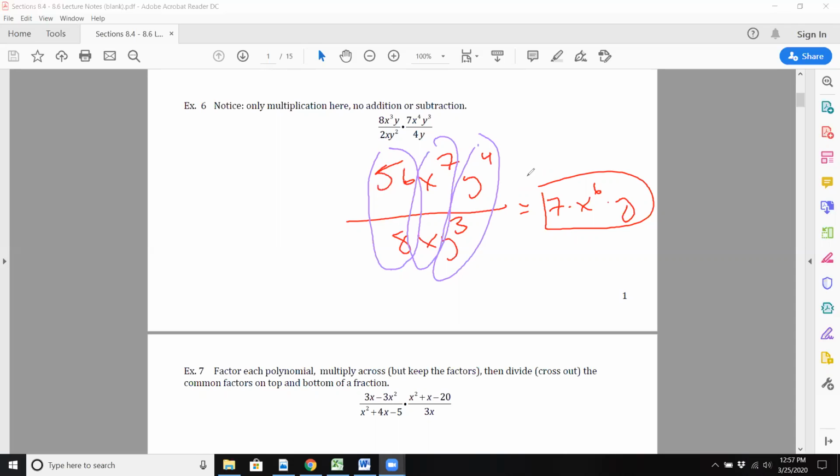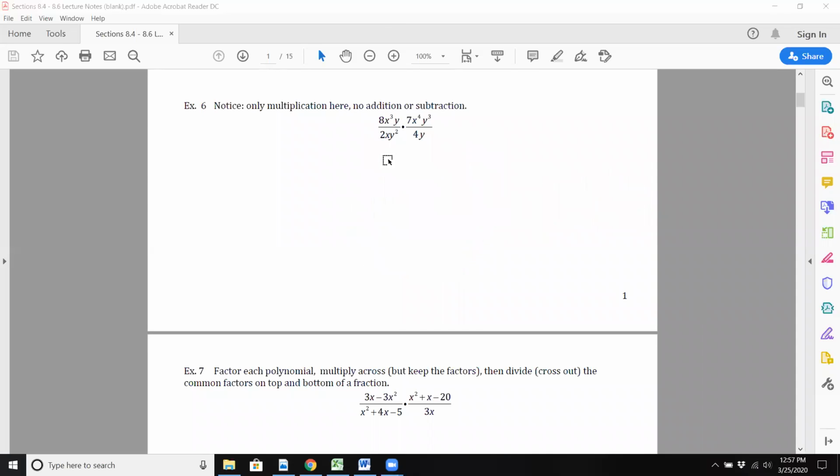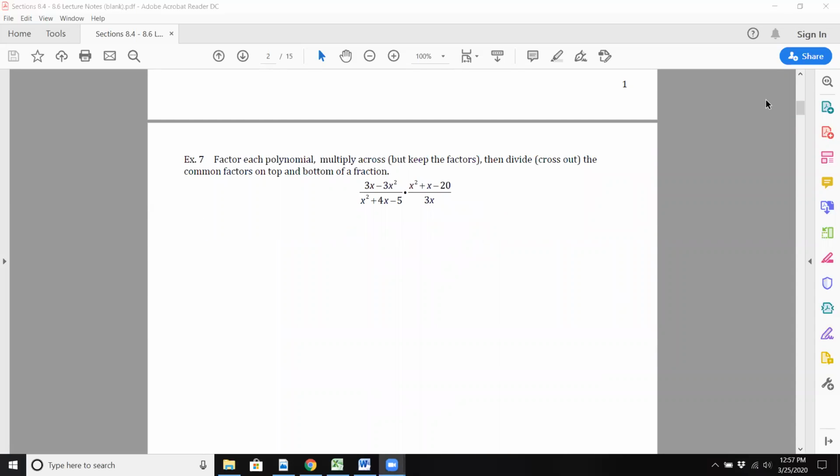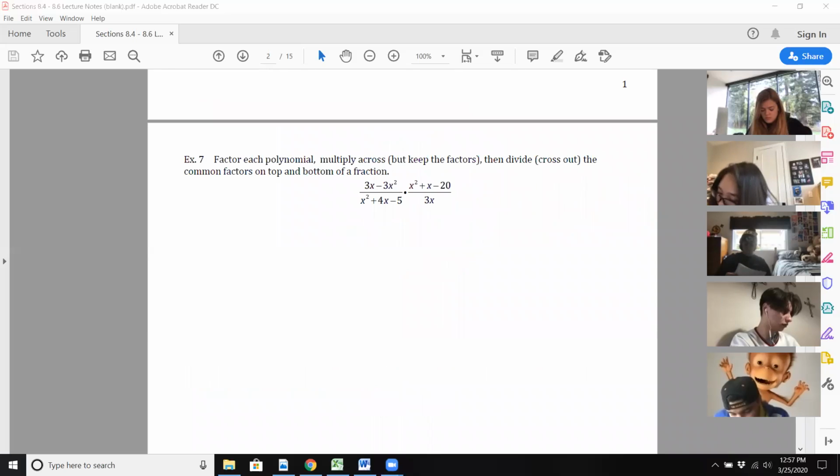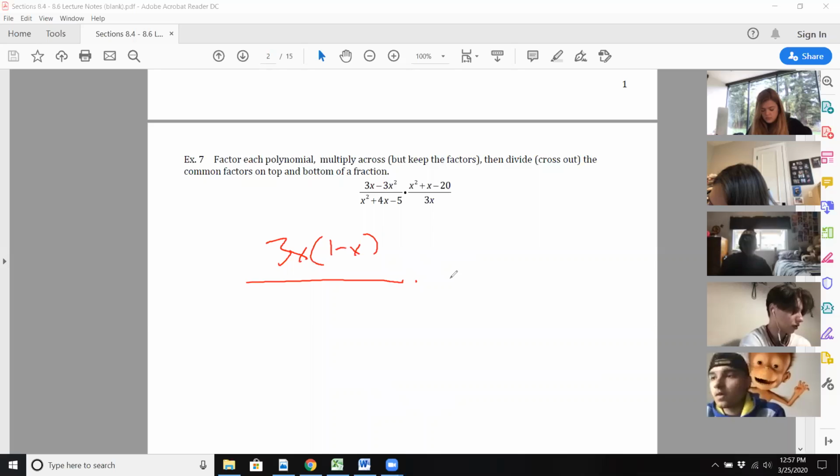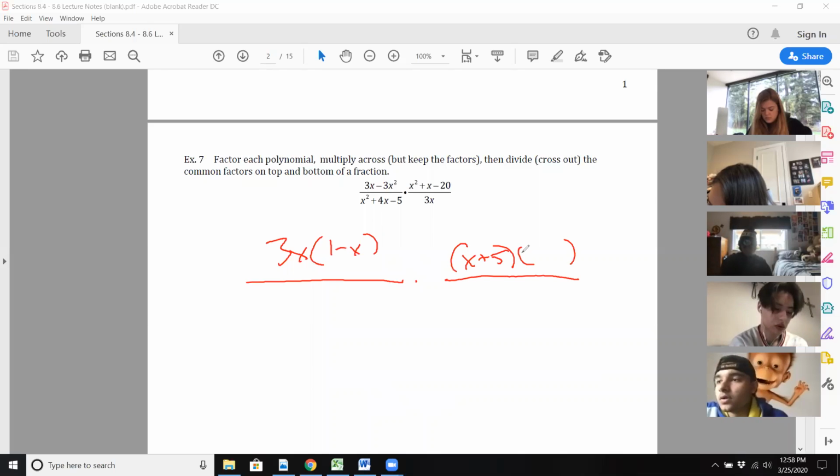Example 7. You want to do some factoring, right? I could factor out 3x from here. I could factor out x plus 5 and x minus 4. I could factor x plus 5 and x minus 1.